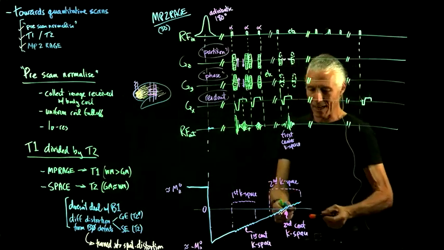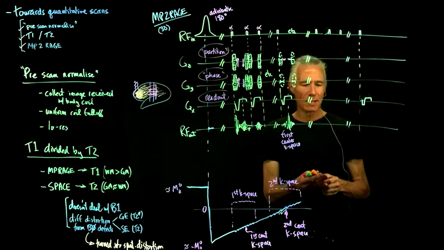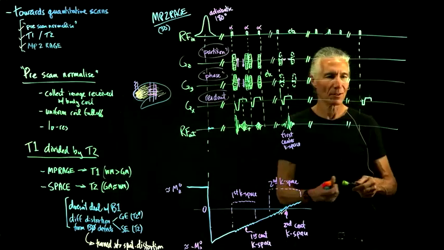And so we get a lot of contrast between the gray and the white matter. And so that one will correspond to our second big echo.